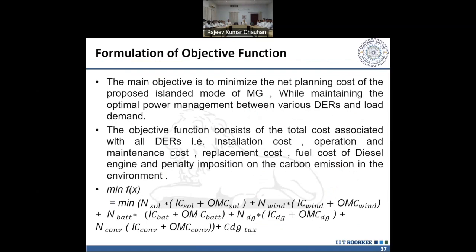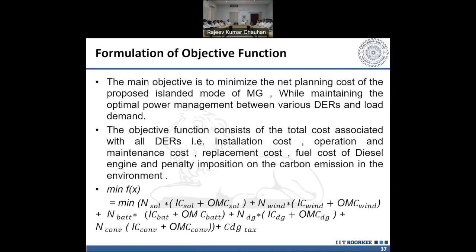Each of my generators will have the installation cost, how much money is required to install it, and the operation and maintenance cost. So what we are doing is writing the cost: number of solar units times installation cost plus operation and maintenance cost. Similarly, we go for the wind, the battery installation and operation and maintenance, the DG, and the converters.